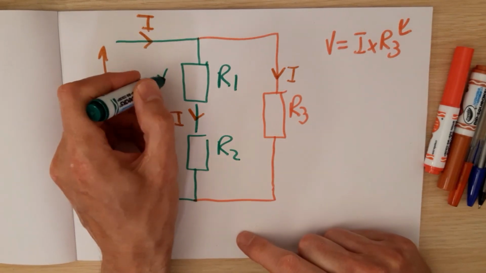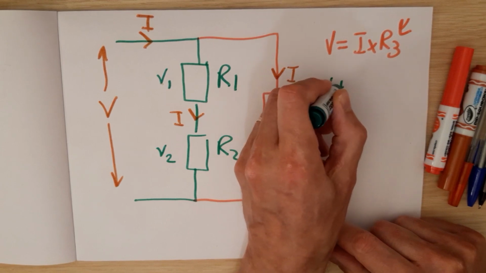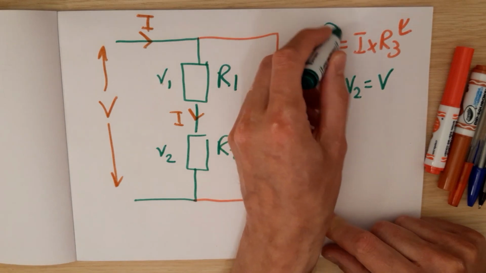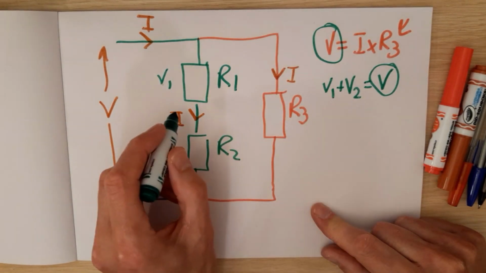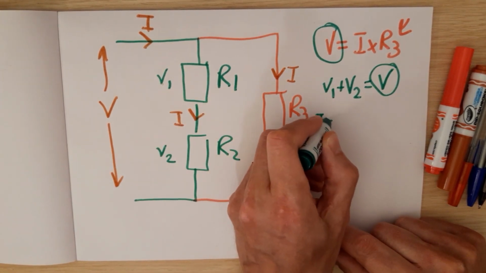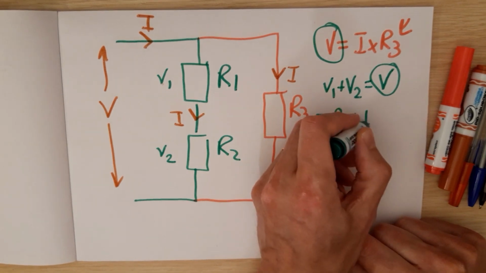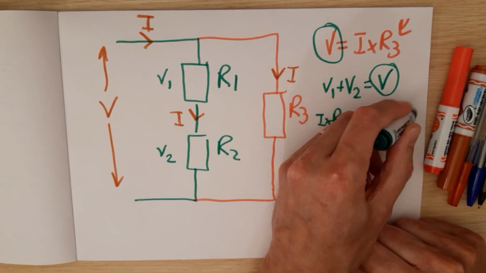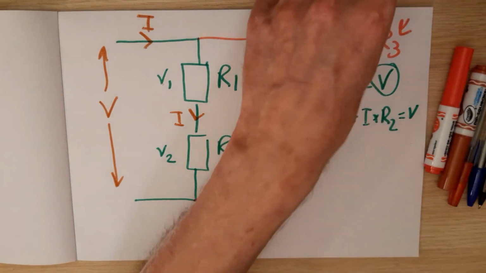We know here there's a voltage V1 and V2, and we know that V1 plus V2 equals V. Well, V1 is I times R1. So I times R1 plus I times R2 equals V. Now we can equate these two together.